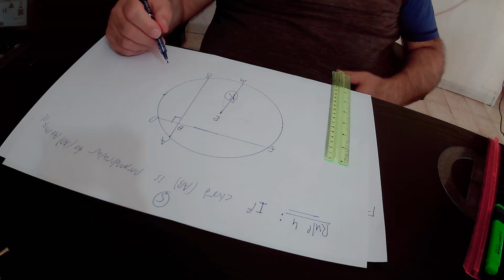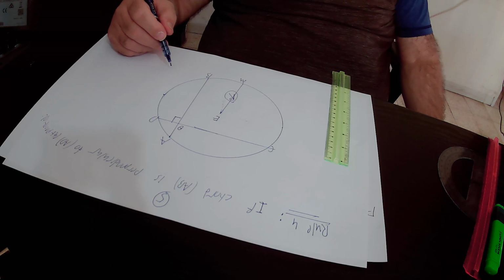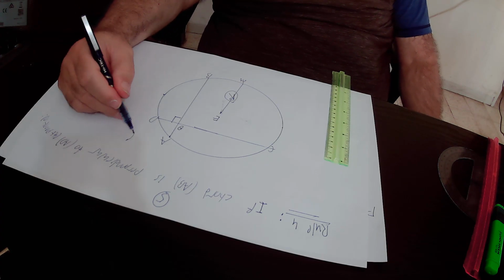So whenever you have two chords that are perpendicular to each other, the following equation will be true. The equation is as follows.